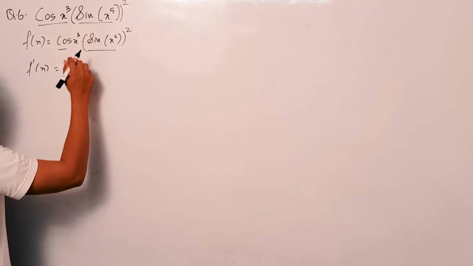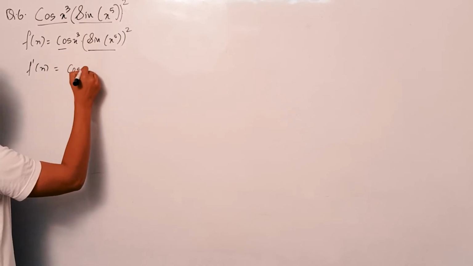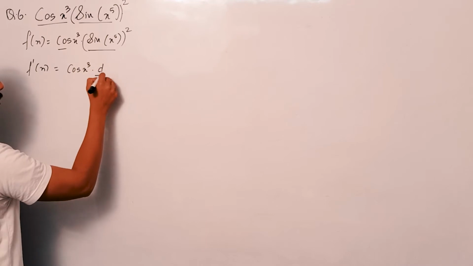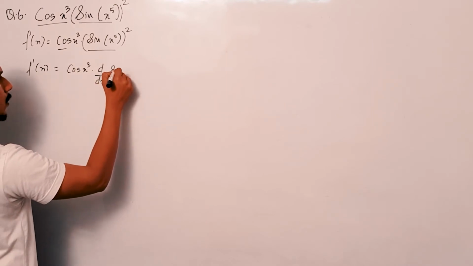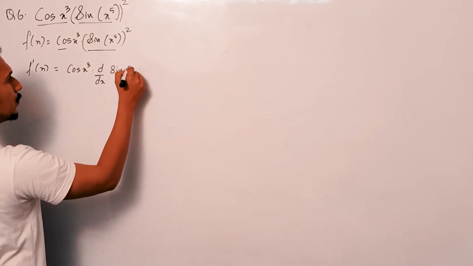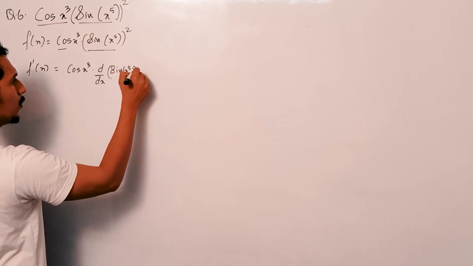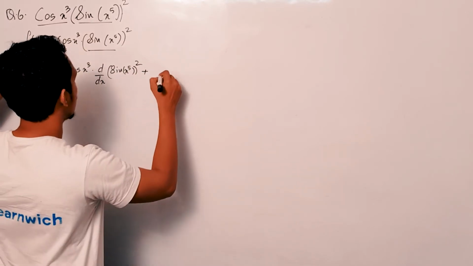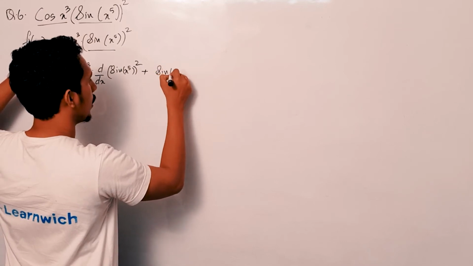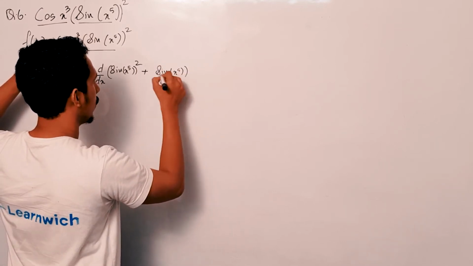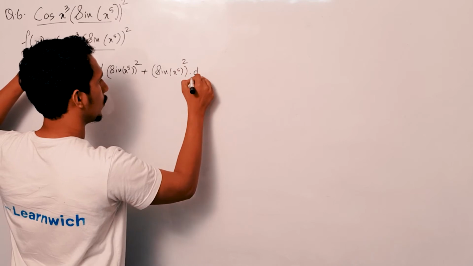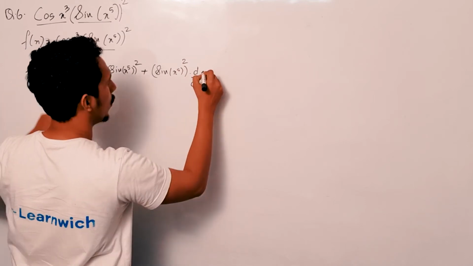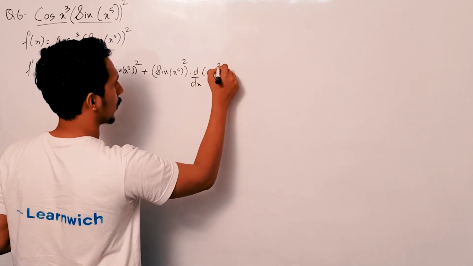That is first into derivative of second. That is cos x cube into d by dx of sine x raised to 5 whole square plus second into derivative of first. That is sine x raised to 5 whole square into d by dx of cos x cube.